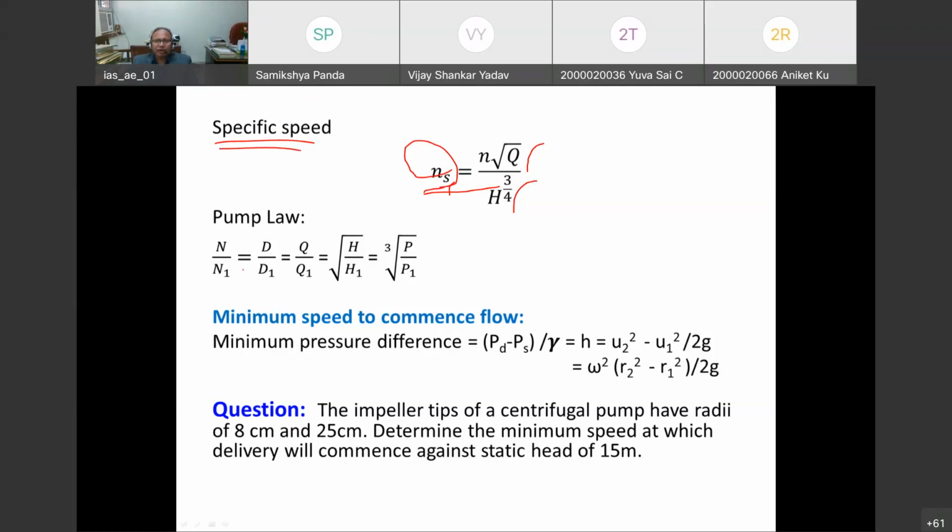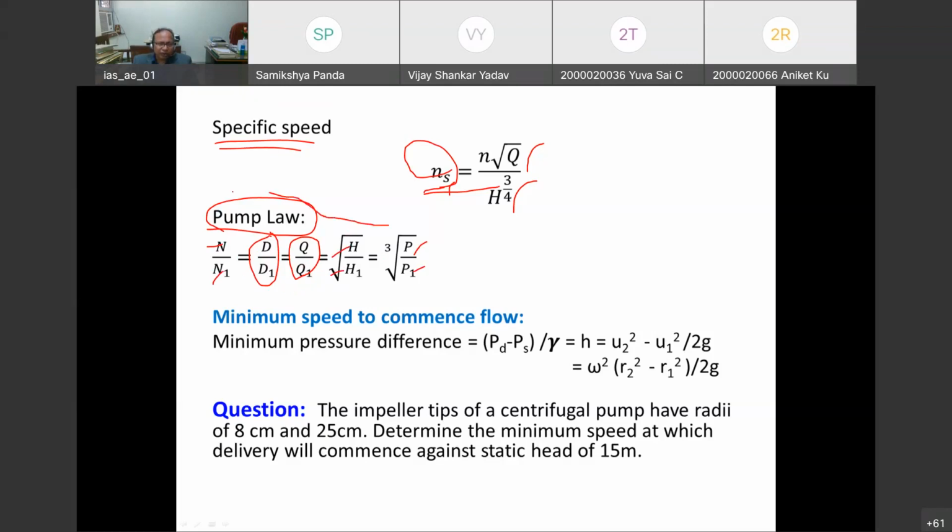And then there is the pump law, because in the pump, as I told you, there is an impeller and it has a diameter, and then there will be a discharge. This describes the scenario with respect to different speed and head, and what the power requirement is.